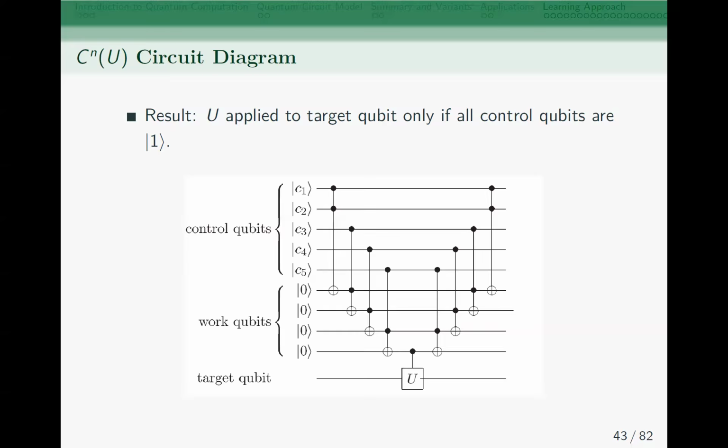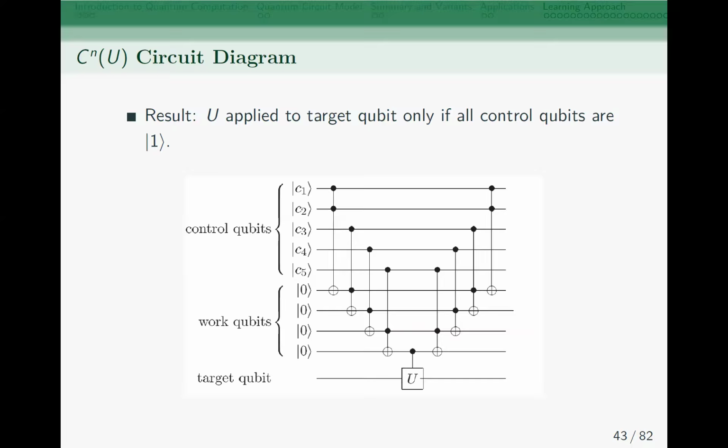So all the working qubits will be 1. Then the target qubit, they will apply the U. If these two are 1, then this will be 1. But there's another complication here.